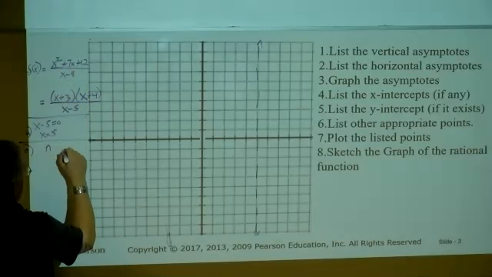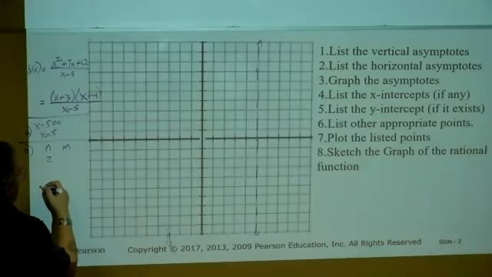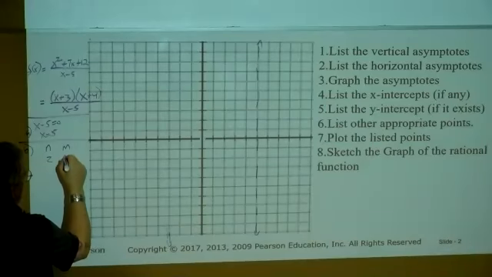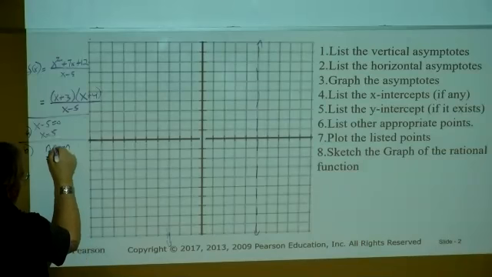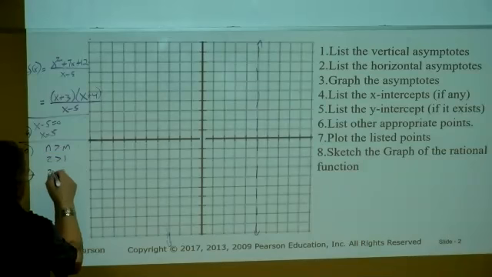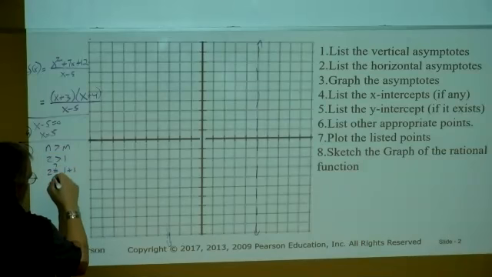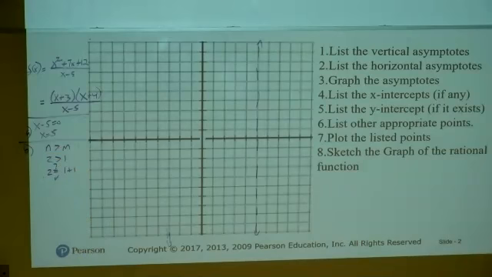So we have n and m. The numerator is degree 2. The denominator is degree 1. So the numerator has the higher degree, so it does not have a horizontal asymptote. But does 2 equal 1 plus 1? Well, it does. So it will have an oblique. So we do division.